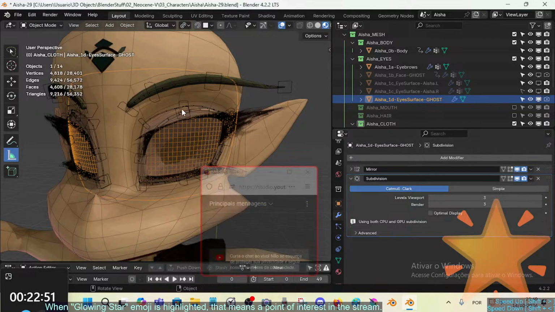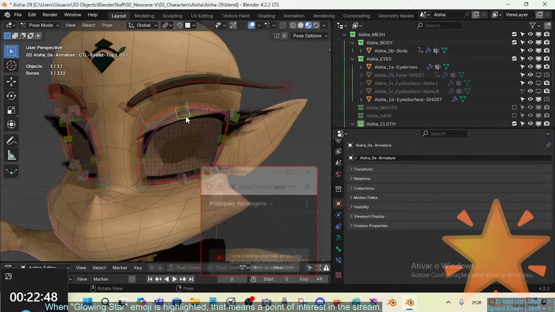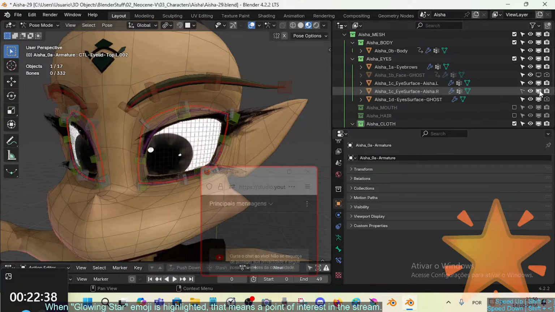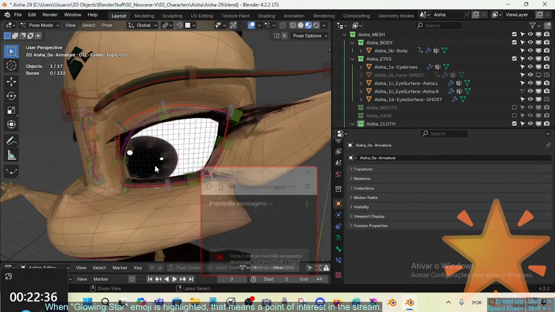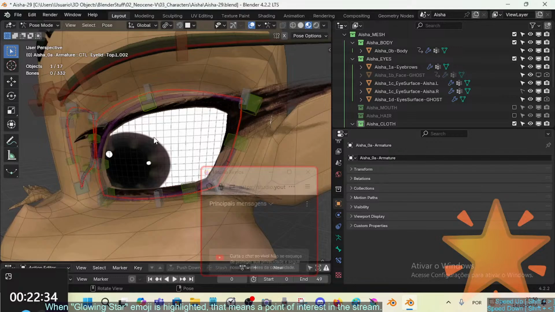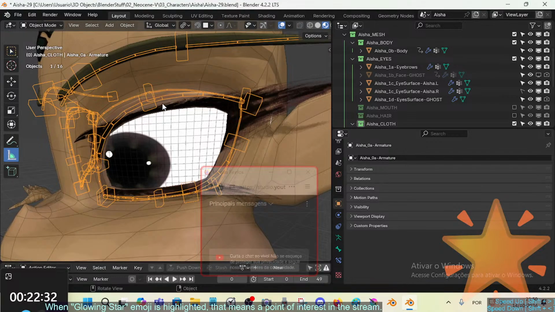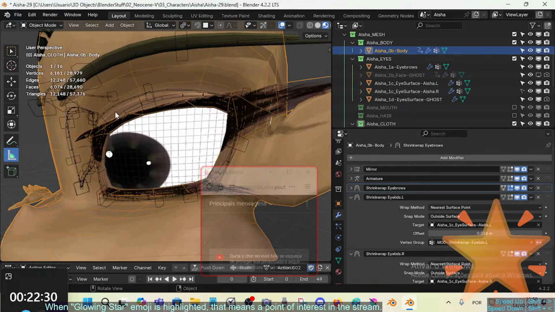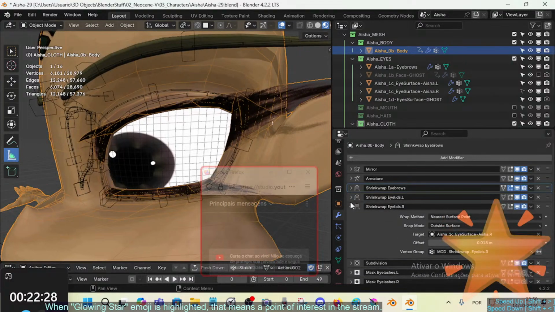So the bones that are shrink wrapped to this one will not break the rig. We need this ghost because the eye surfaces themselves are already the target of the shrink wrap modifier for the eyelids mesh.